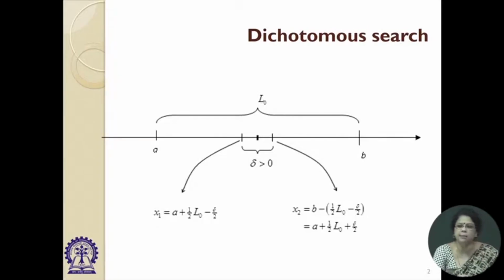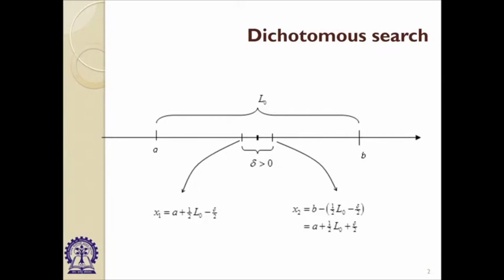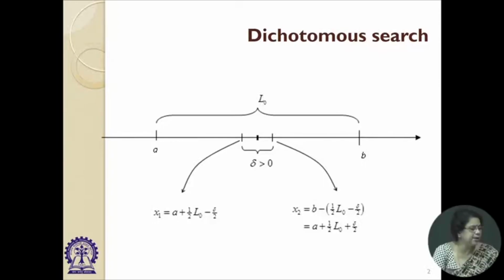We consider the middle point and the delta neighborhood of that, so that in the next iteration I will get two approximations of the optimal solution. One is x1 and the other is x2. x1 is the point that is delta by 2 distant from the middle value of that interval.